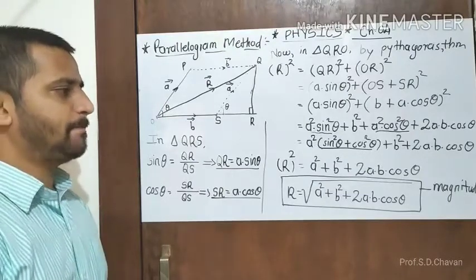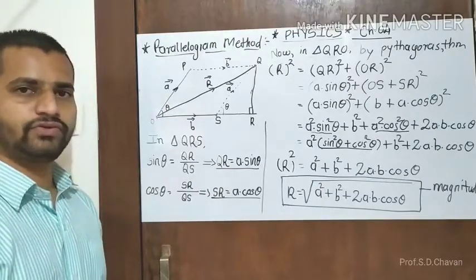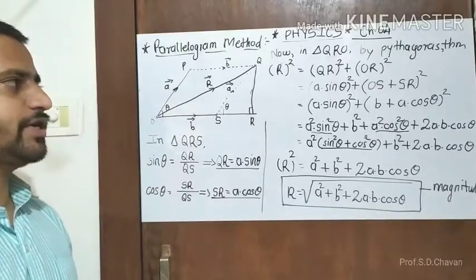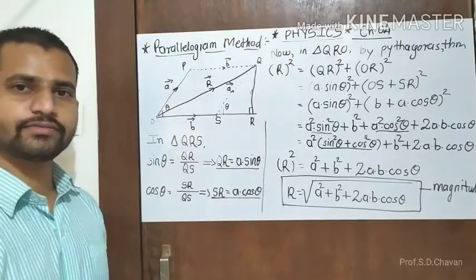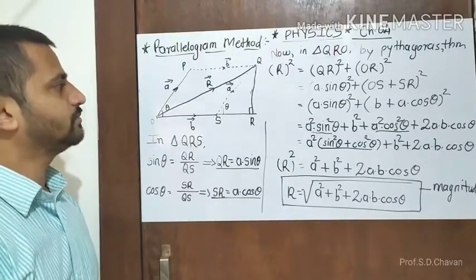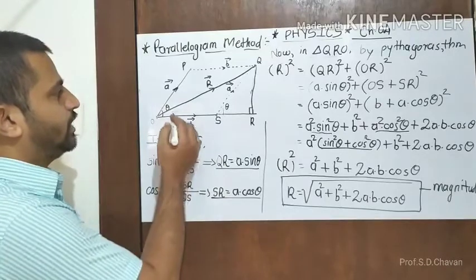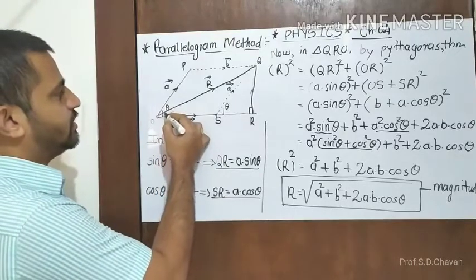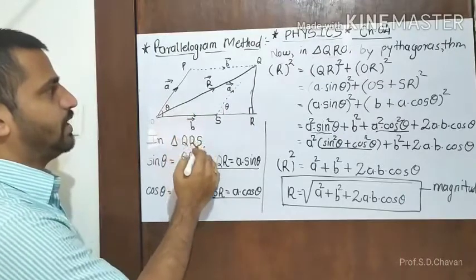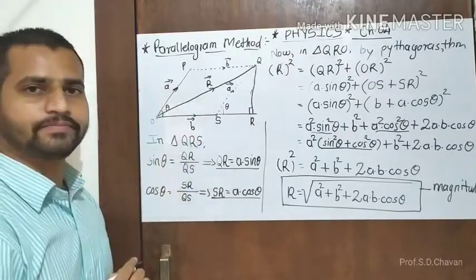Now this is the magnitude of the two vectors. Now what about the directions? How to find out the direction of the resultant vector? Here this is the resultant we get after addition of vector A and vector B by the parallelogram method.